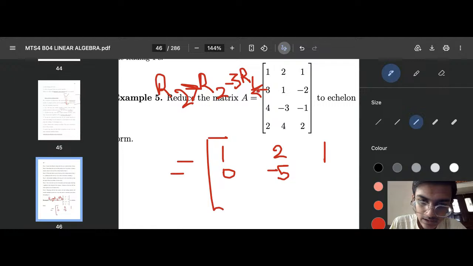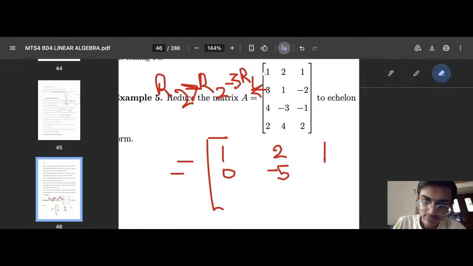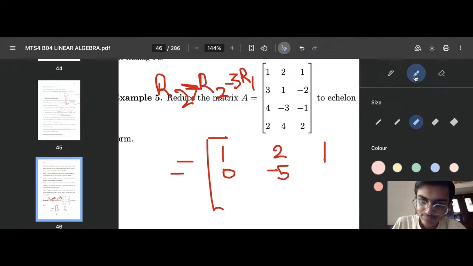This is R1. Now minus 2, minus 3, minus 5. Okay, it's fine, I think. So 1, minus 6, minus 5 and minus 2, minus 3, minus 5.